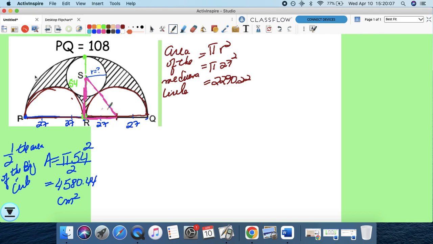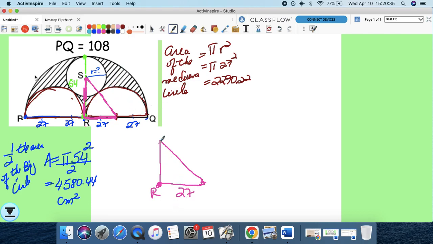Let me draw the triangle and bring it over here to the side. This is the center, which I'll call R, and that goes half, the radius of the medium circle, so that's 27.